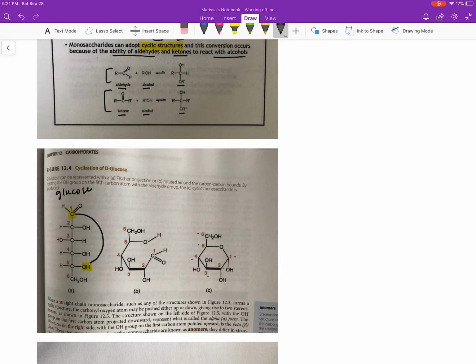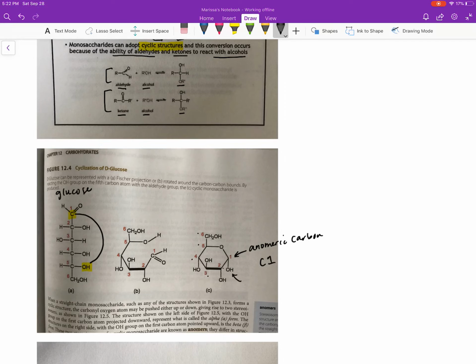Now the carbon here is a special carbon. It's called the anomeric carbon, and it's also sometimes referred to as C1. The reason the anomeric carbon is important is because of the OH position that we're going to see.